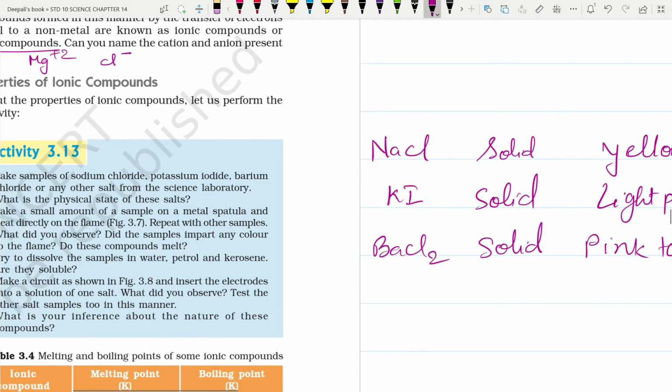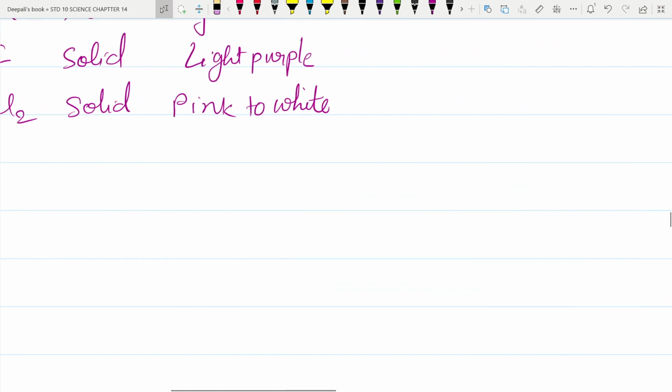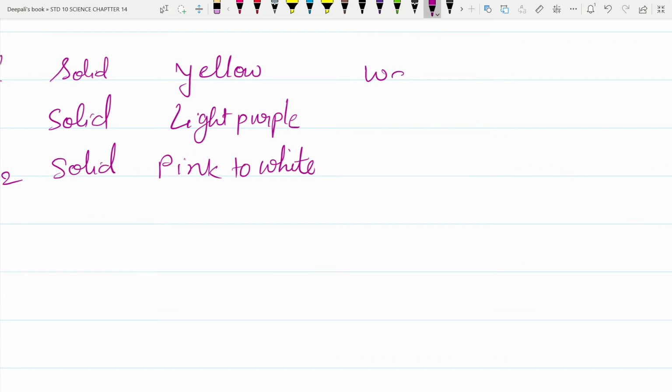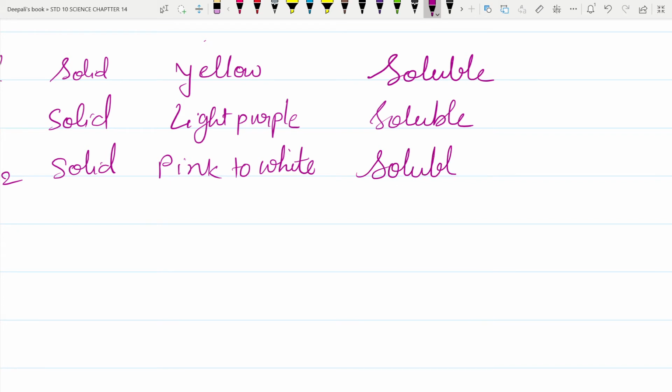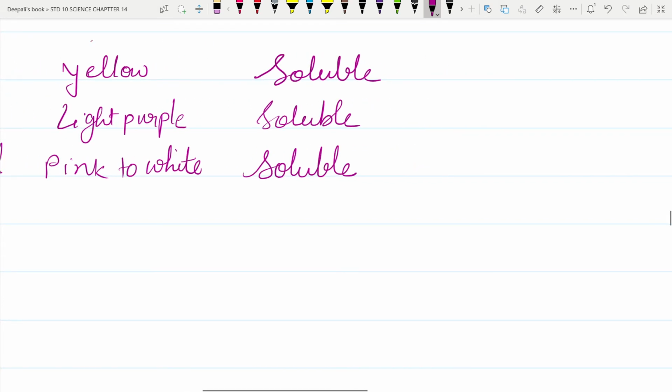Now if you check the solubility, they are soluble in water. If you check in petrol or kerosene, they are not soluble.